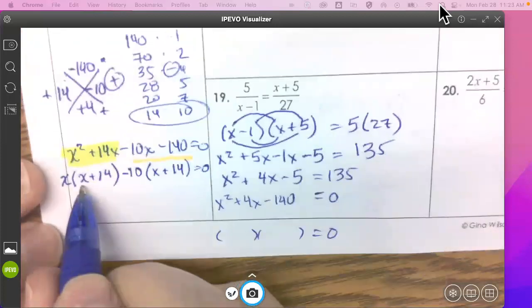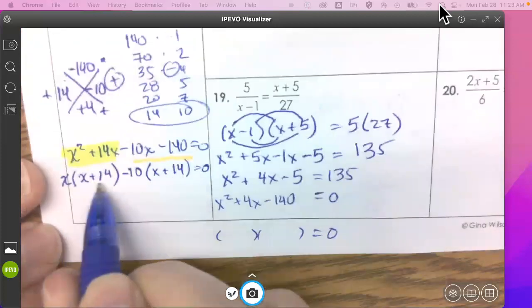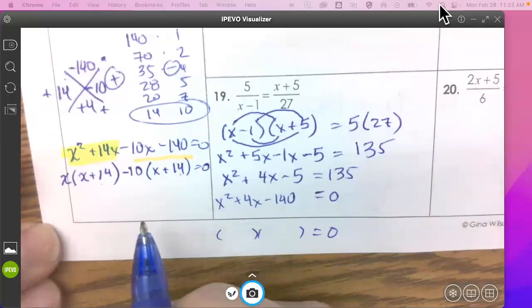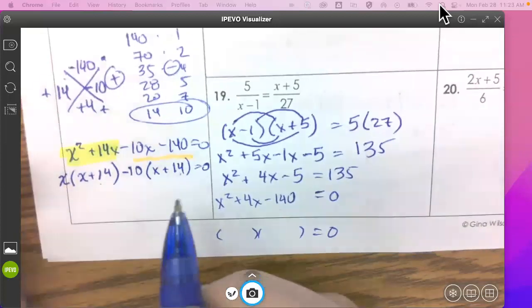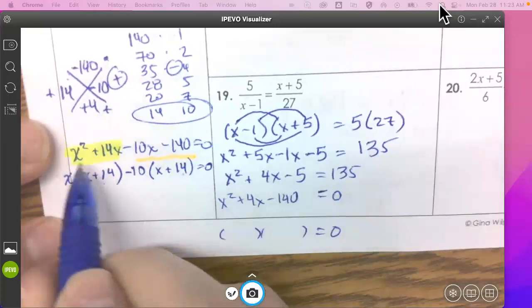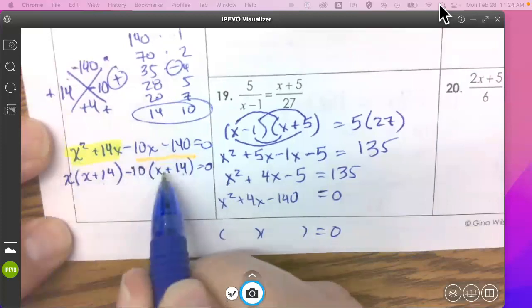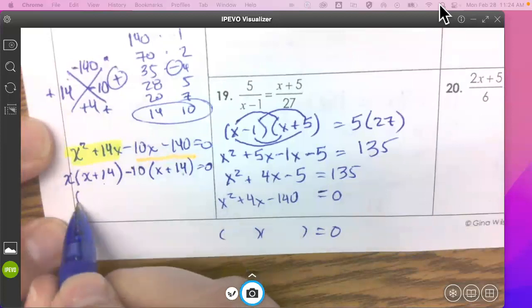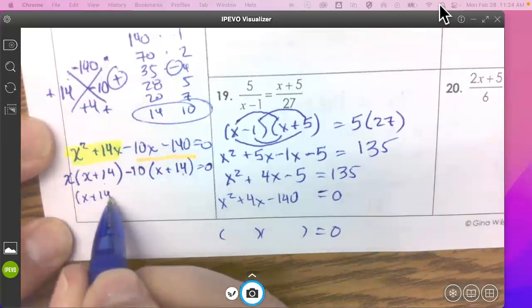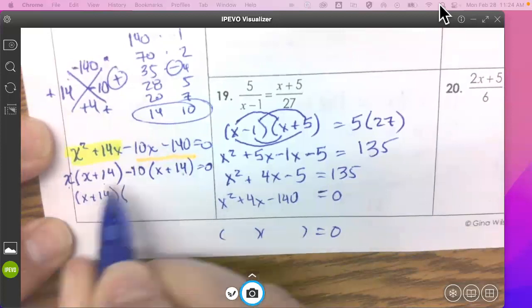And pro tip, what I'm looking for is these terms inside the parentheses to be the same. And what I can then say is, now what's common to this term and this term is the x plus 14. So I factor that out, leaving me with x minus 10.